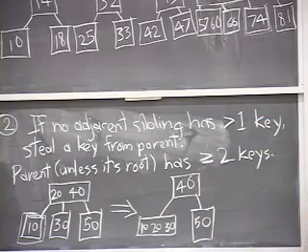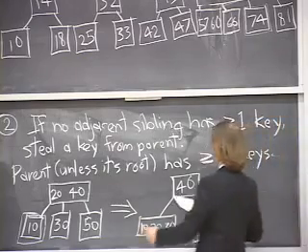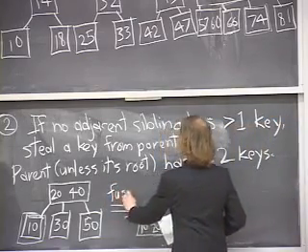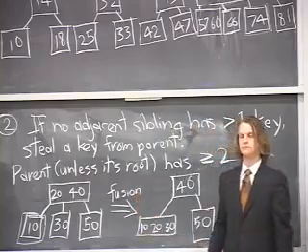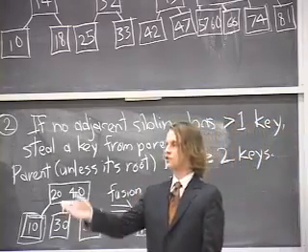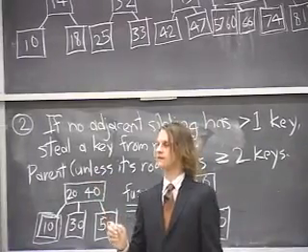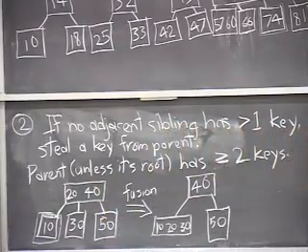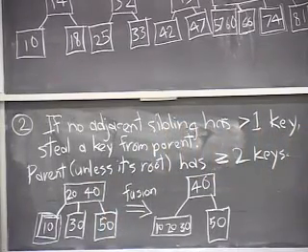The 20 comes down, and then the 10 and the 30 are glued together around the 20. And this is sometimes called a fusion operation. Do you have a question over there? Okay. Are there questions about the fusion operation?